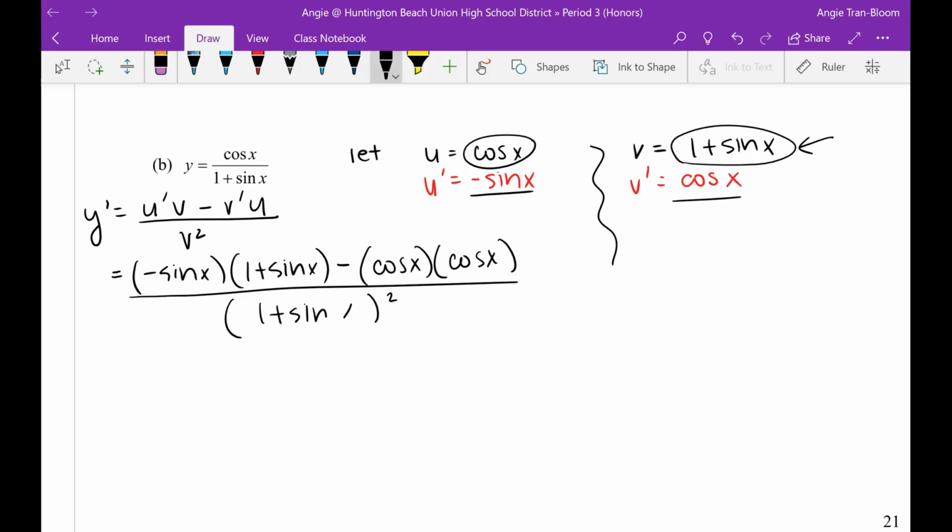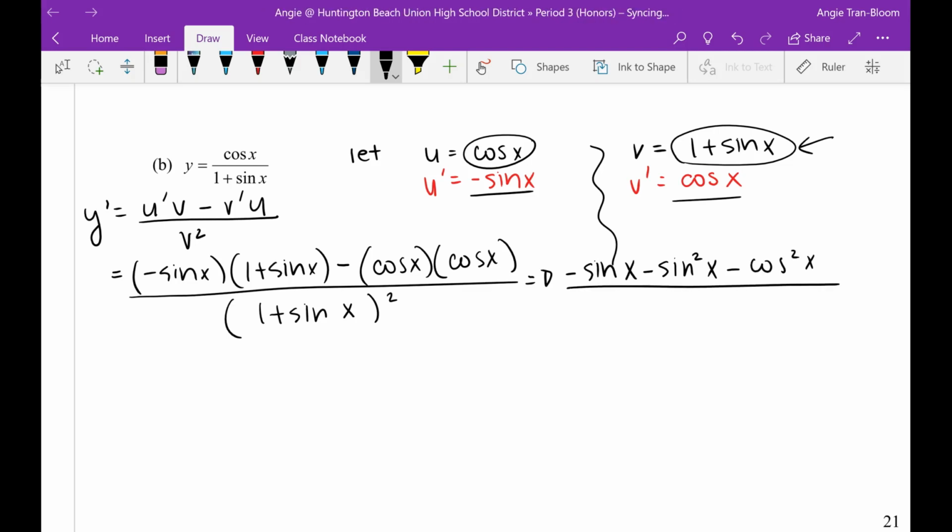I got ahead of myself there. Okay, so from here, I'm just going to slowly distribute. Are you guys ready? Negative sine times 1 is negative sine of x. Negative sine times sine is now negative sine squared of x. Cosine times cosine is now cosine squared of x. All over, I'm going to leave this undistributed.